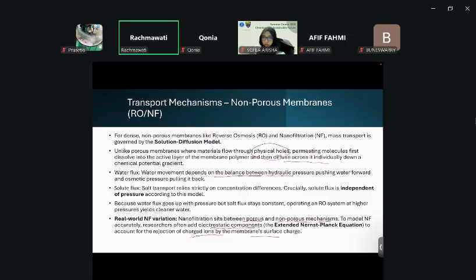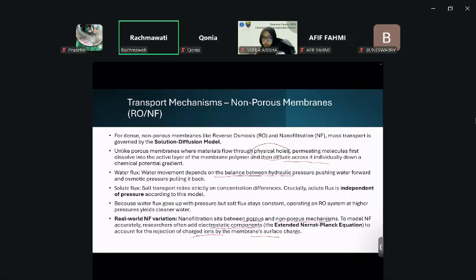So the idea is that if you work with a membrane and you try to measure the flux and the rejection of your system, and you somehow have to explain that, you can use several equations in the literature to match your data.